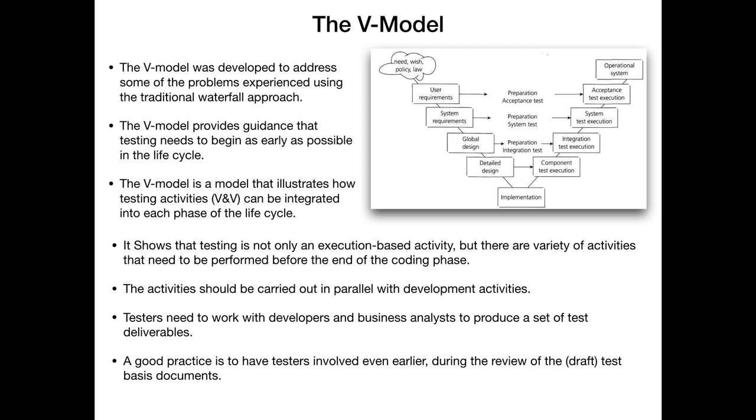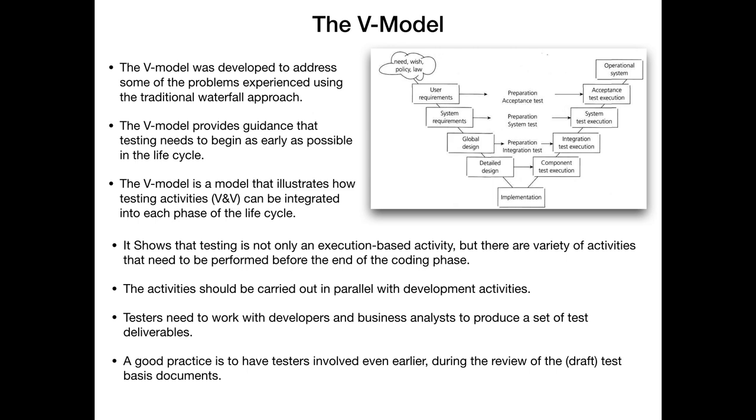Now we have the V model, which is the modernization of the waterfall model. The V model was developed to address some of the problems experienced using the traditional waterfall approach. The V model provides guidance that testing needs to begin as early as possible.